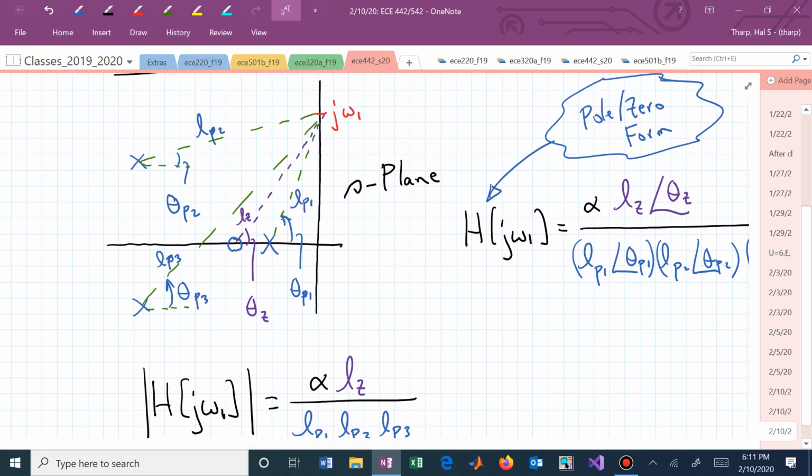For high values of frequency, where would you think my angle ends up? Does it go to minus infinity? How many negative angles do I have? I have some minus 90s and I have some plus 90s. The plus 90s are due to the zeros. The minus 90s are due to the poles.